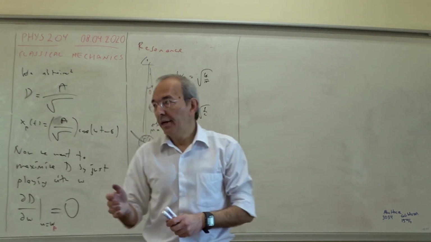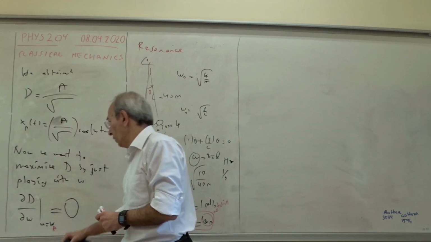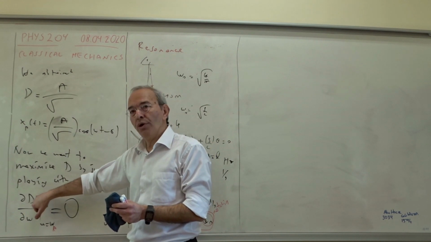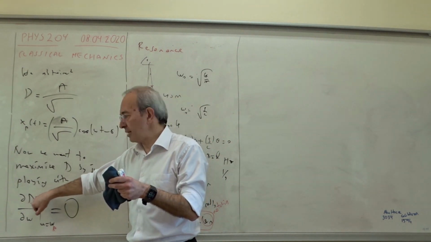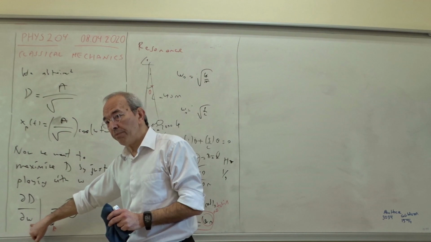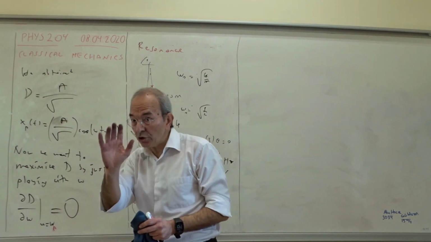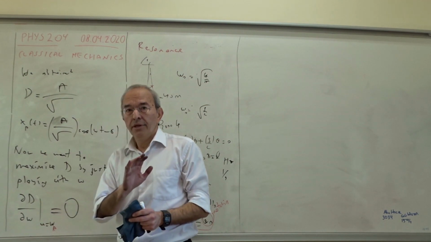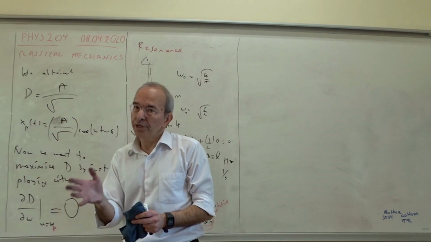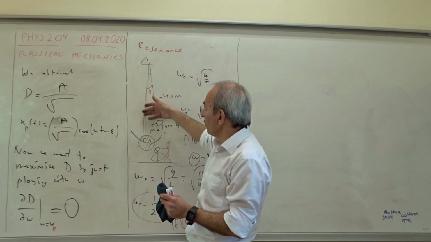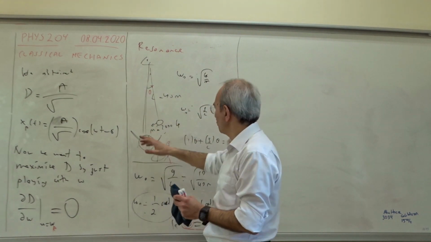Remember, we always set to zero the derivative of the quantity that we want to maximize or minimize with respect to the variable we can change, which is the external omega. Omega 0 is a constant. We cannot change omega 0. It is fixed by the length and the mass. Not the mass.